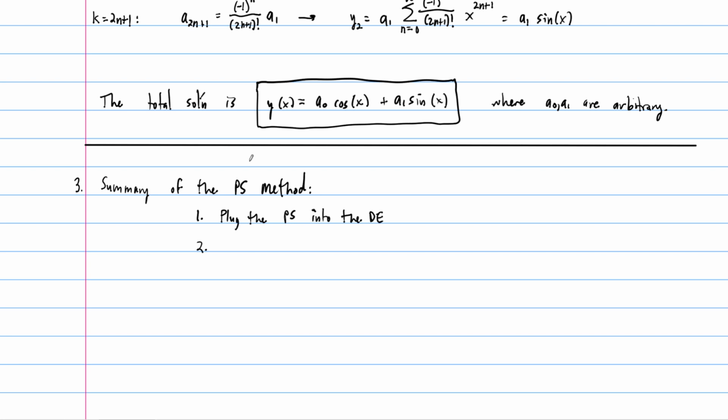Number 2 then is to shift the indices if necessary. So if it's necessary to do so, you shift the indices and then combine into one sum. So you combine the entire equation into one sum. Maybe there's going to be some terms that are outside the sum. That's okay. But the rest of it's going to be one sum.